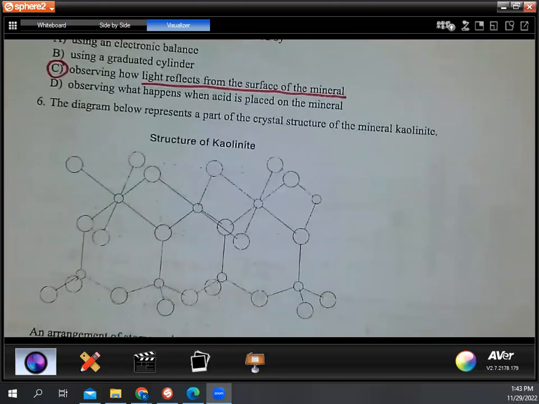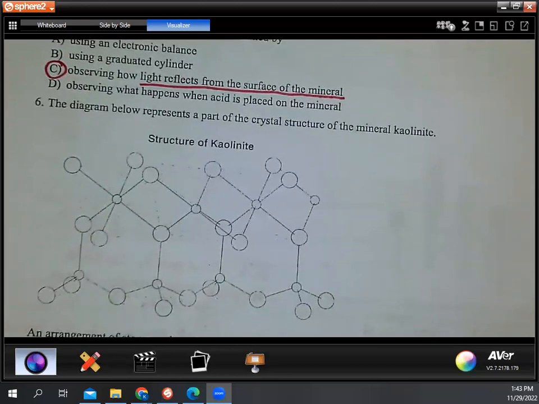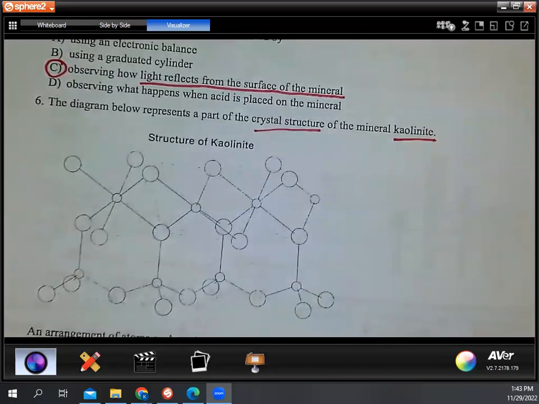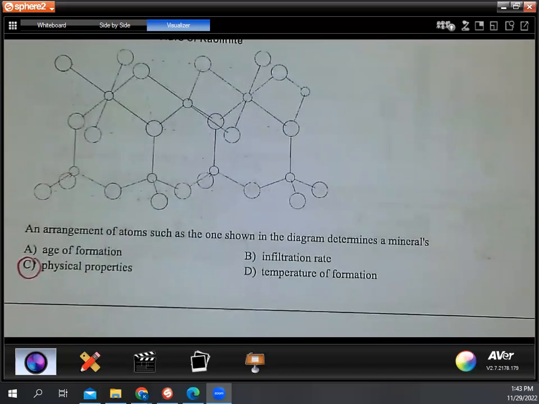Question 6. The diagram below represents part of a crystal structure. So this is a crystal structure, and the mineral is kaolinite. An arrangement of such atoms as shown in the diagram determines the mineral's physical properties.